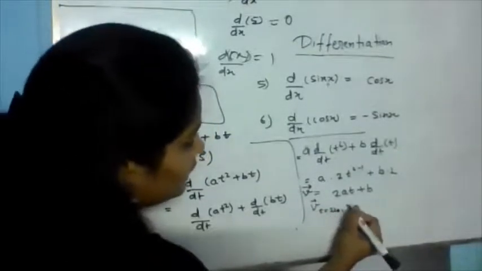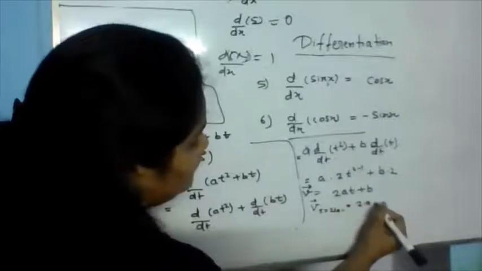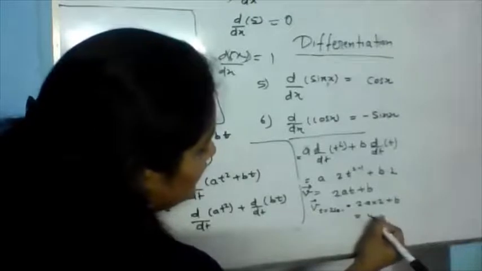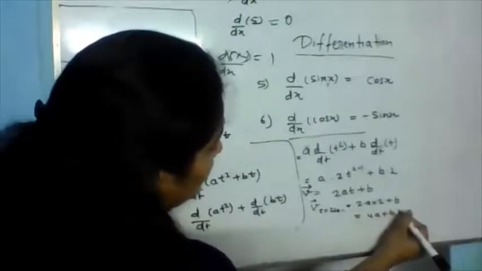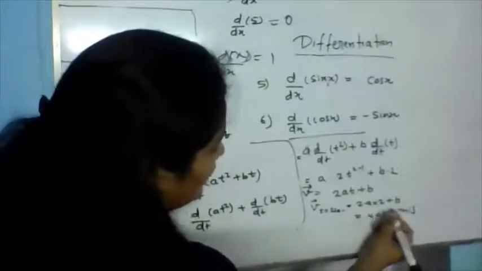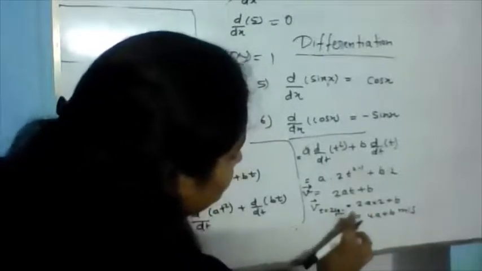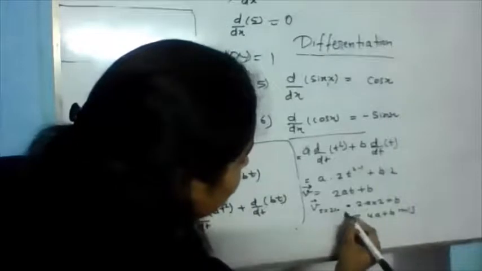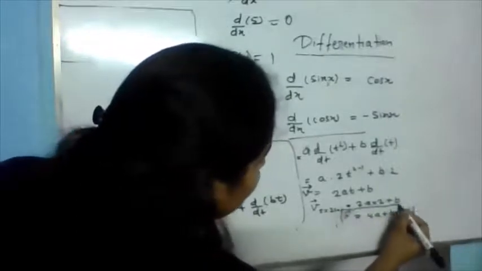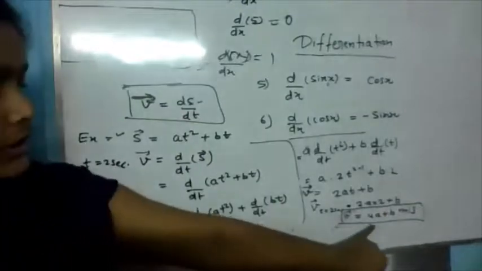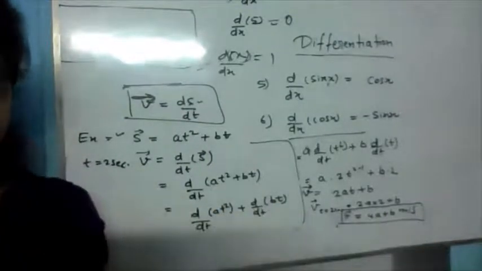So just put in this equation 2. So your answer is 4a plus b meter per second. This is your velocity.